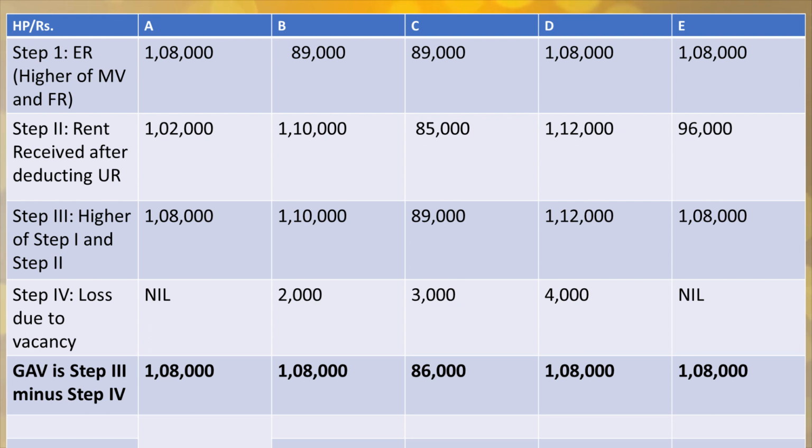Now our purpose is to see how the gross annual value is calculated when standard rent is present, unrealized rent is there, and also there is a vacancy allowance.